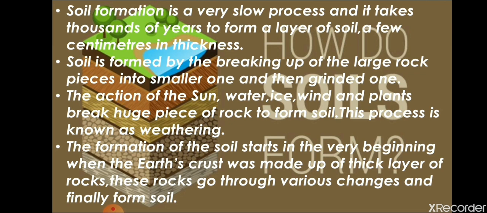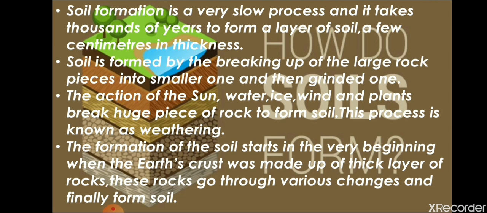Soils are formed from rocks, so there is a big role of the parent rock, from which the soil is forming. Suppose a big piece of rock is there and the soil is forming from it. That soil will have the properties of that same rock.